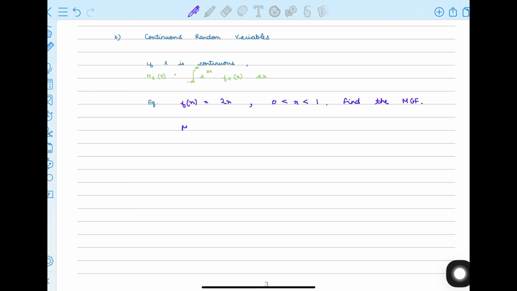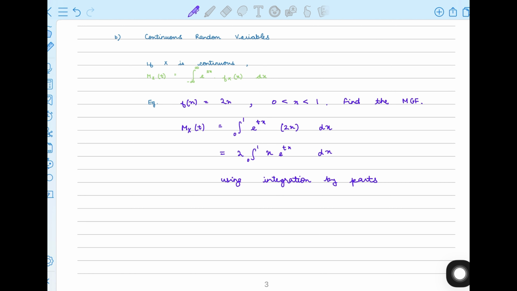Using the formula, we get the MGF. This time, if we wish to verify the solution, we directly put 0 in place of t and then integrate it.